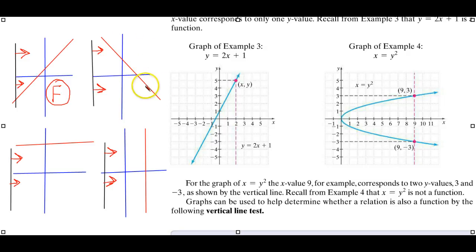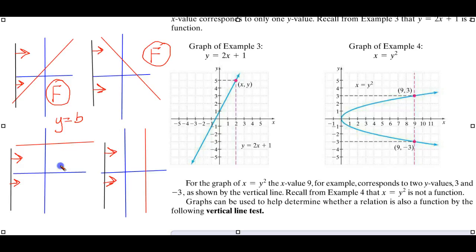Now how about this one? This is just going, instead of low to up, up to down. Does this pass the vertical line test? Yes. So this is a function. Now another kind of line we had was the horizontal line. You might remember the equation was y equals b for this. Is this a function? Does this black line intersect only once?